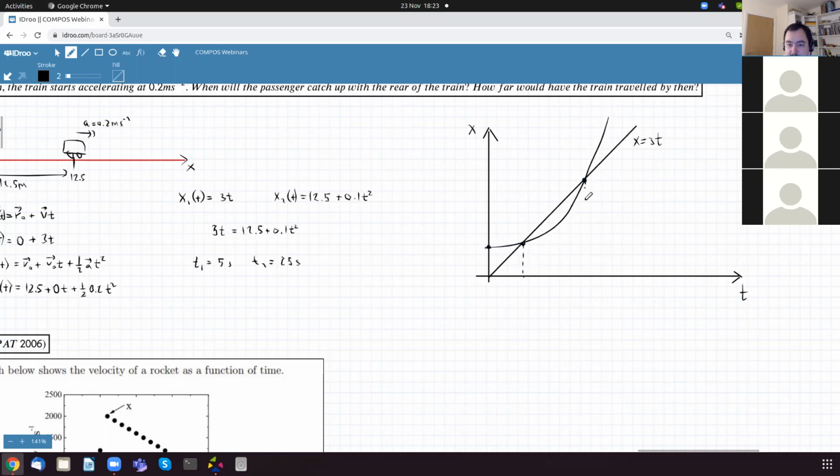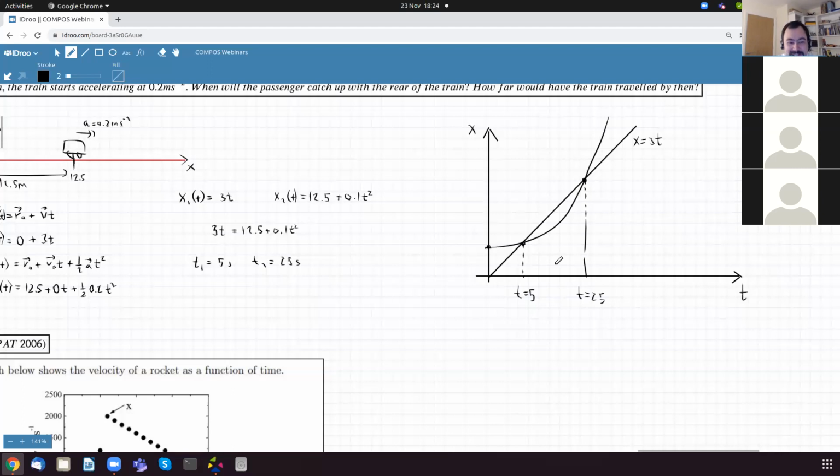First time is when t is 5, and the second when t is 25. Now, if you're a passenger running for the train, basically you have 2 attempts to board the train, but the second time the train is moving much faster.